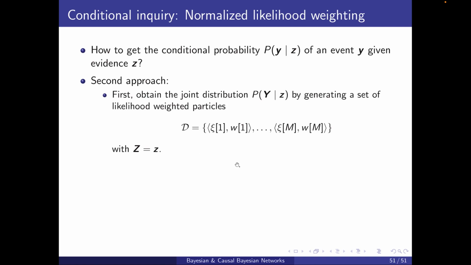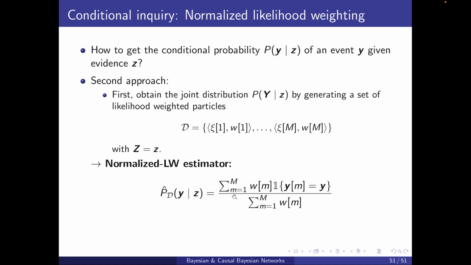So if I have the joint distribution, then I can use normalized likelihood weighting estimator. And that is, if I want to find this particular value of small letter y compared to this general joint distribution, then I can just do the likelihood weighting as before, which is summing over the weights of each particle that matches.